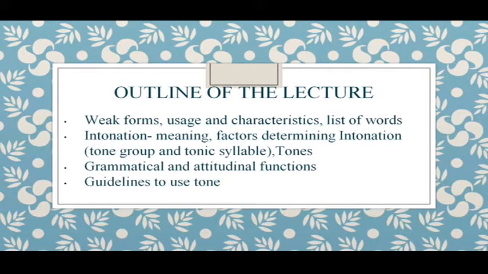The lecture shall also provide the list of words that use weak forms, general rules governing their usage wherever applicable, along with relevant examples. The lecture shall next introduce intonation patterns, explaining terms like tone group and tonic syllable, followed by explanation of grammatical and attitudinal function of intonation.